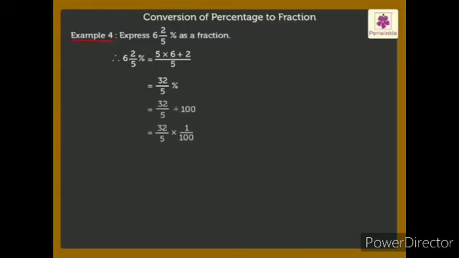Now, by converting the percentage to a fraction, we get 32 upon 500. Now, by reducing it to the lowest terms, we get 8 upon 125. Therefore, 6 and 2 upon 5% is equal to 8 upon 125.